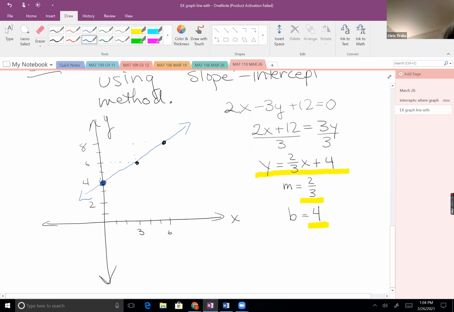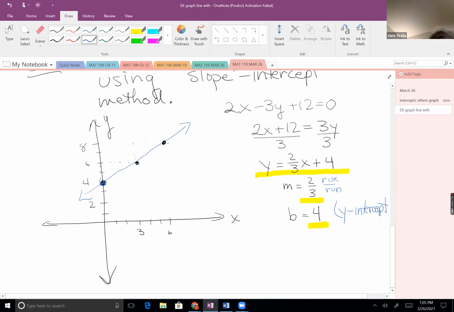It's always, you've got to remember, it's always the y-intercept. We always begin on the y line. And the slope is always the rise over the run. Because it's positive, I'm going rising up 2, over 3, up 2, over 3.